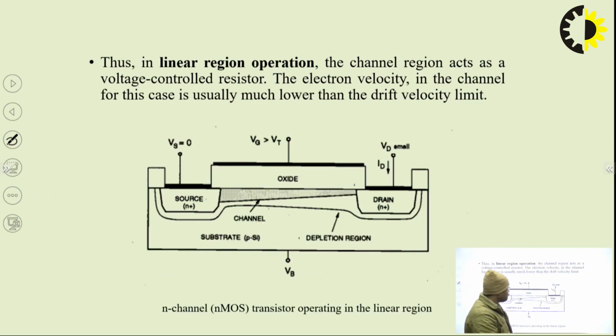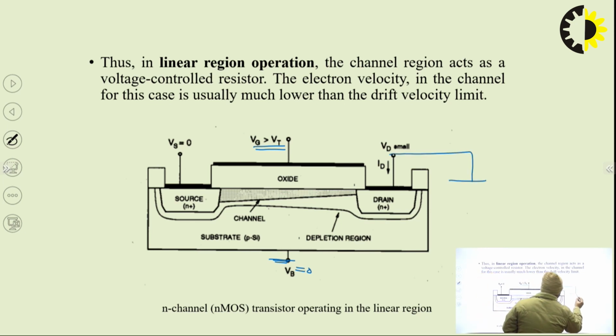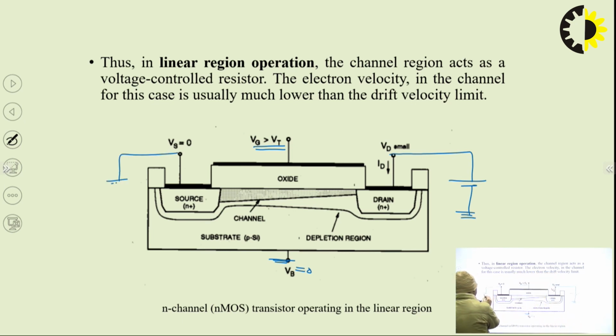Now, look at the diagram. In this diagram, VGS is greater than VT. If the substrate is not biased, meaning grounded, and VD is connected to the positive terminal of the battery and the source is grounded, and VG is taken with reference to the source, then we can write VGS greater than VT naught, because the substrate is at ground.